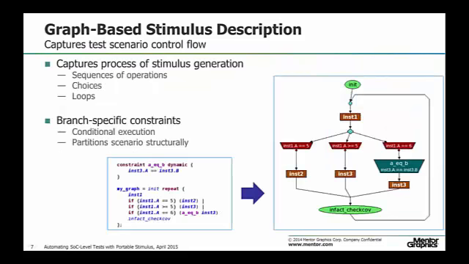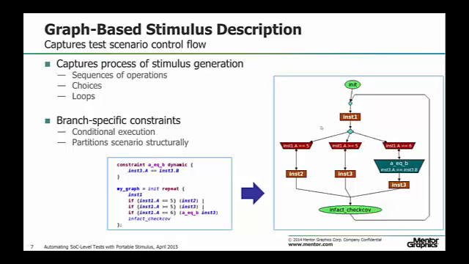But there's also the control flow aspect, where you need things like definition of sequences of operations, choices or selection, repeat loops, etc. So there are a few basic operators that allow you to model the control flow easily.